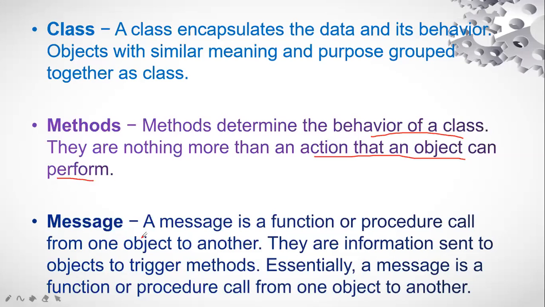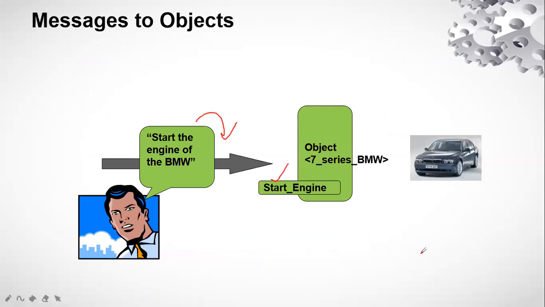And lastly, the message. A message is a function or procedure call from one object to another. They are information sent to objects to trigger methods. That means we are sending information to trigger a method. So that is what I have described here: start the engine of BMW.